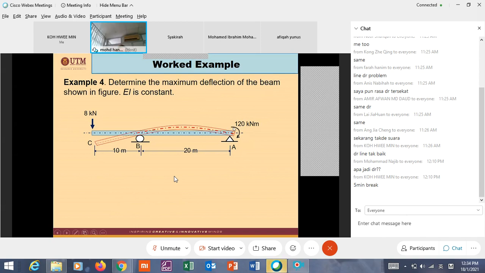So sometimes we have to understand, when you are working as an engineer outside, how to idealize the condition on site, on the actual building, to the ideal condition in theory.